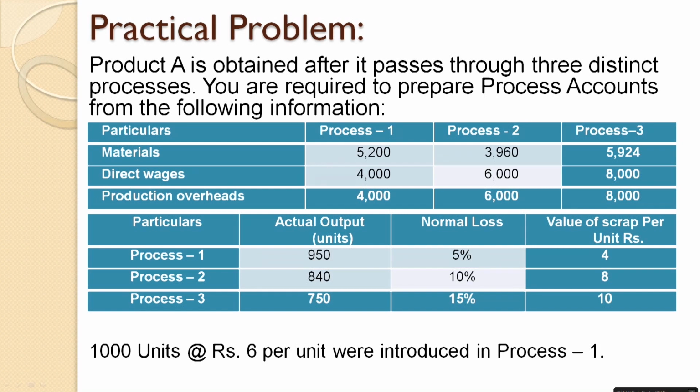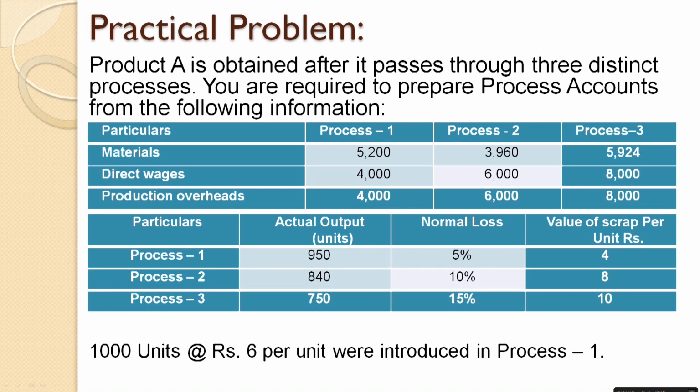Then the second table, which is very important for this problem. As I already mentioned, we have added certain features to this problem. The actual outputs are given for all 3 processes: 950, 840 and 750 for process 1, process 2 and process 3.